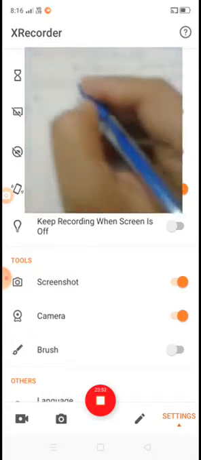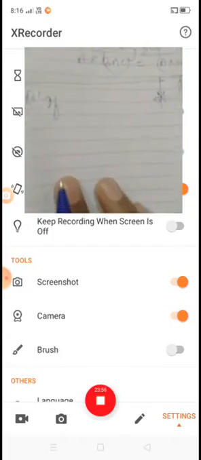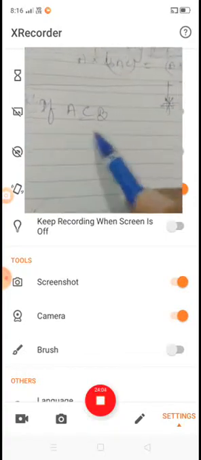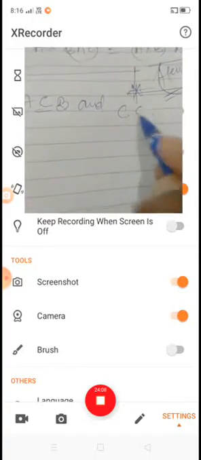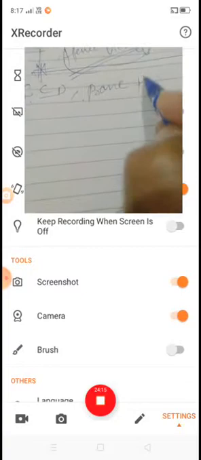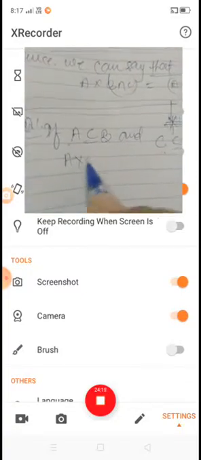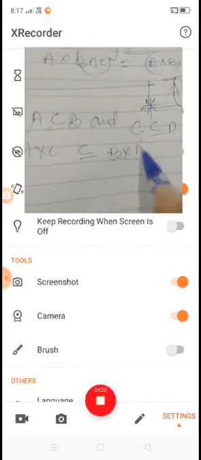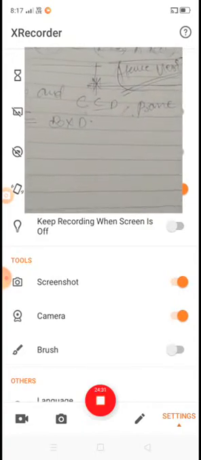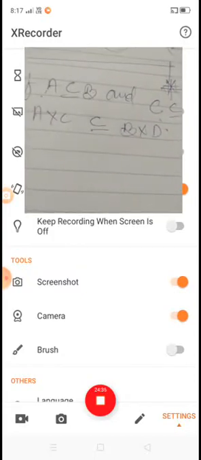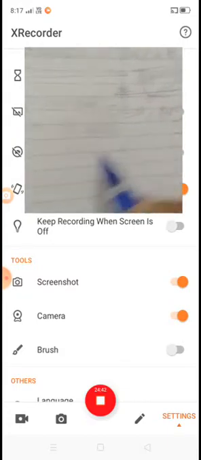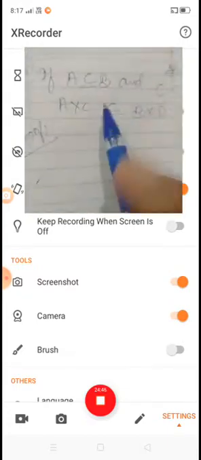Your question is: if A is a subset of B and C is a subset of D, it means that B contains A and D contains C. Prove that A cross C is a subset of B cross D. Okay, now let's prove it. We have to show that A cross C is a subset of B cross D.